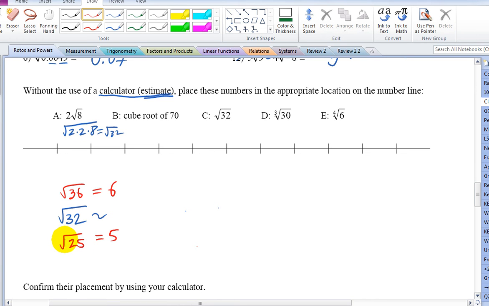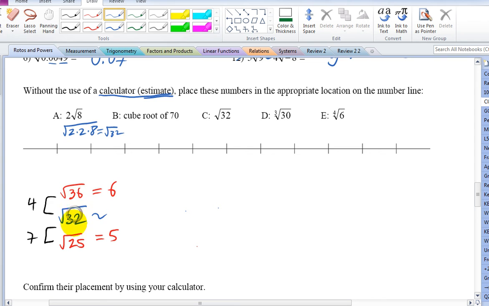Now we can do this. So how far apart are these numbers? 32 from 36, 4 apart. 25 to 32, they're 7 apart. So what's your estimation? 5 point what? Pavandeep. Do you think it's like 4.3? Really?